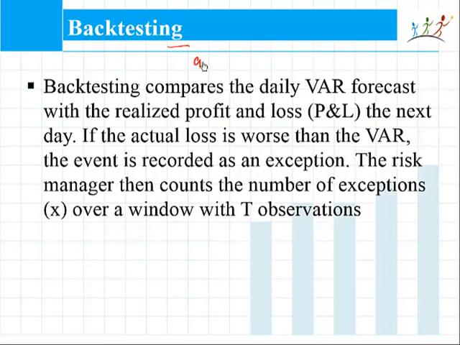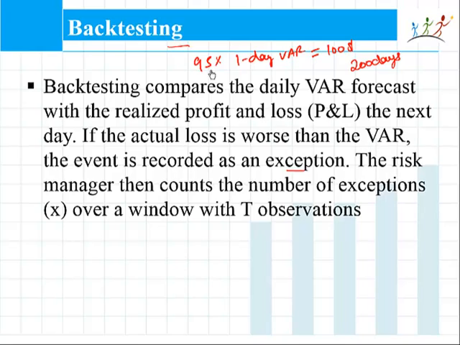Now let's assume that the 95% one-day VAR was equal to $100. Then in a period of 200 days, how many exceptions should we see? An exception is defined as any loss that is worse than the VAR.